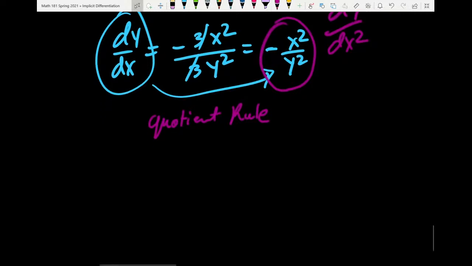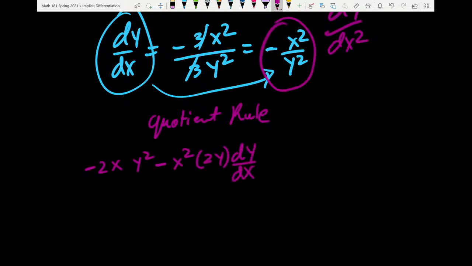So let's look at it. Negative 2x times y squared plus, it's just negative x squared times 2y dy/dx, and this is over y to the fourth.